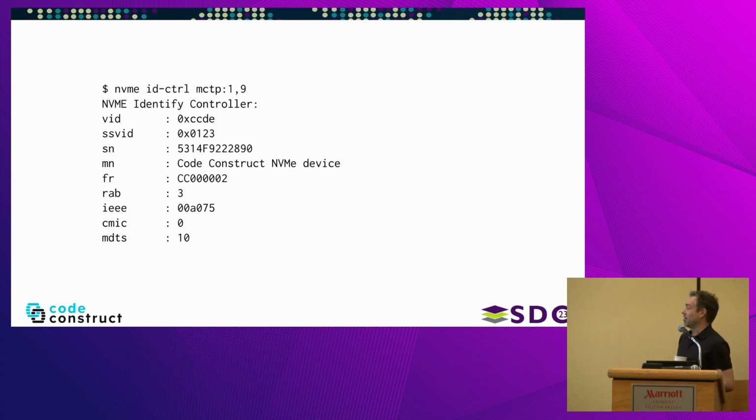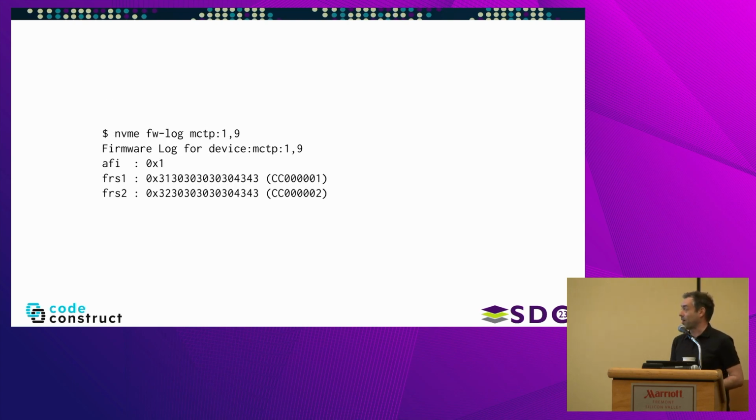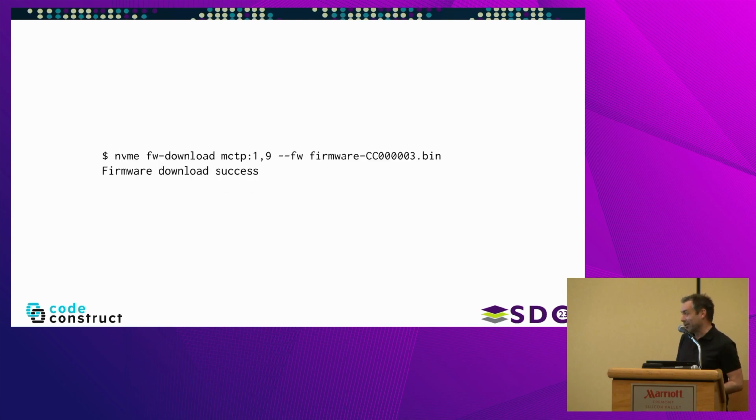In this case, identifying it. We can also access the firmware log page, which tells us which versions are running on that device. And even cooler, we can download new firmware to the device, again, with the host completely off at this stage.